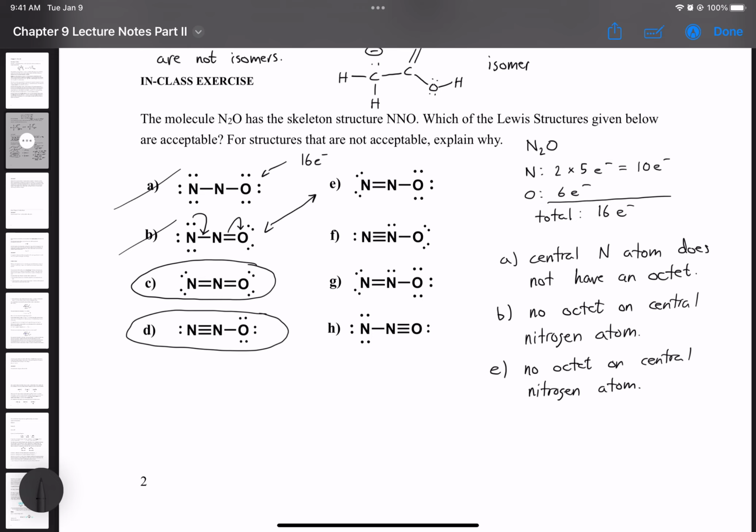So F here, let's see here. So the central nitrogen now has one too many electrons, and since it's not sulfur or a third row element in the periodic table, it can't have an expanded octet. So here we can say for letter F, central nitrogen has too many electrons around it.